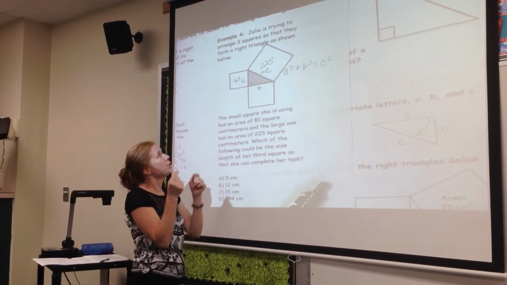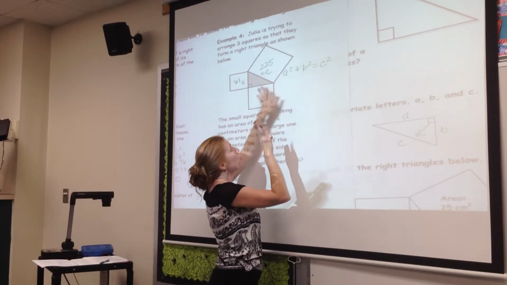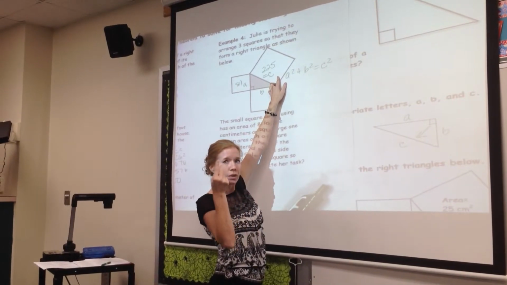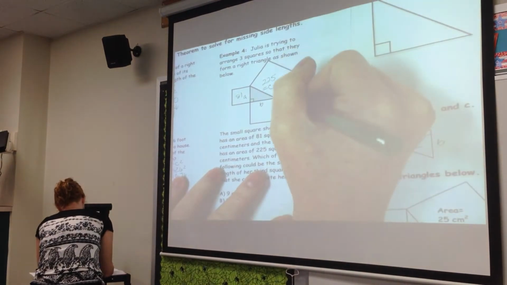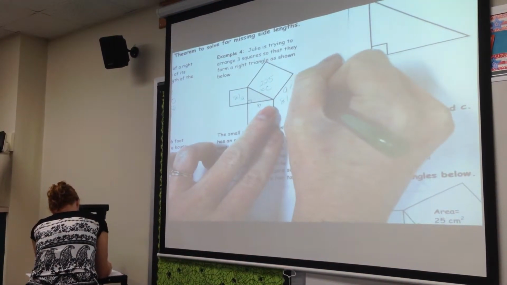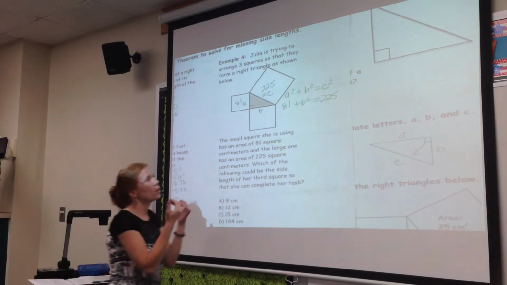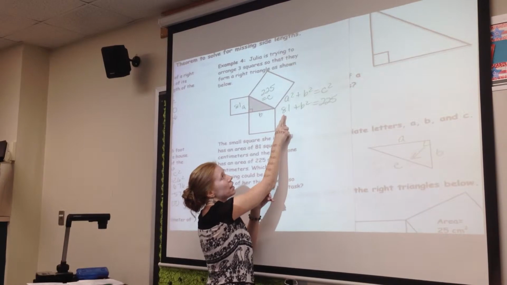So now what I'm going to do is just use the 81. Okay, I don't know B squared, I don't know. But C, I know, already squared for me. Okay? So now I need to get B by itself, which means I need to get rid of 81.